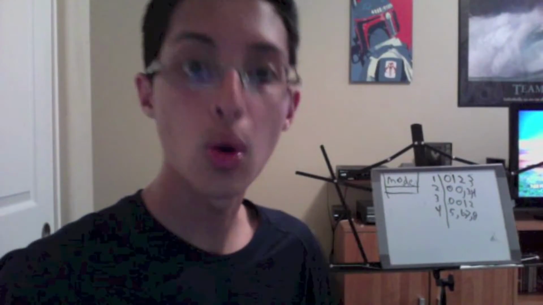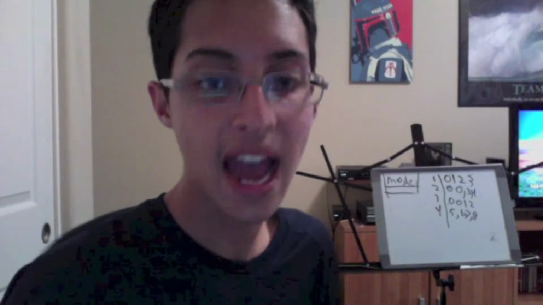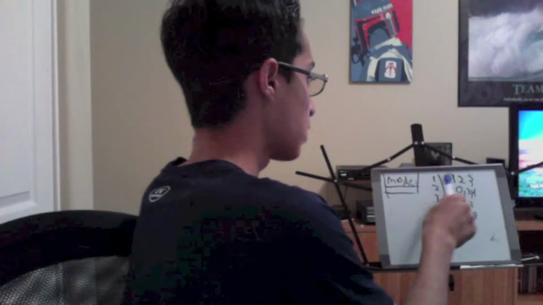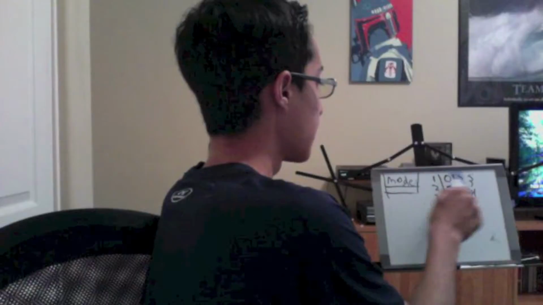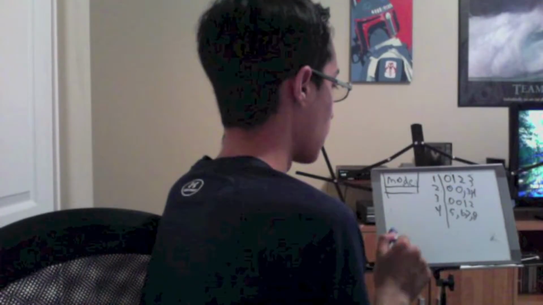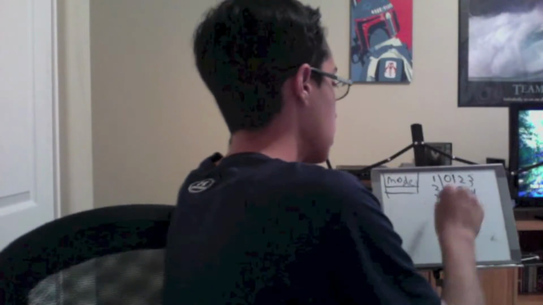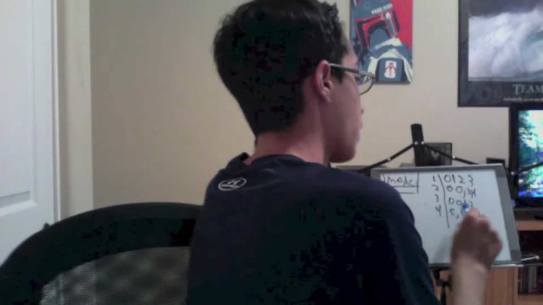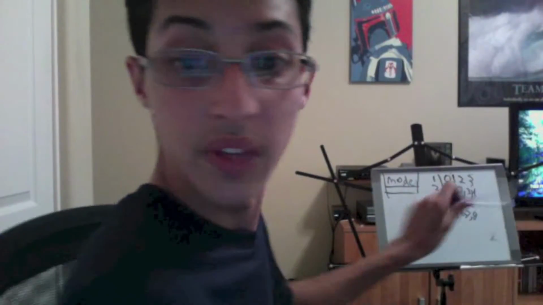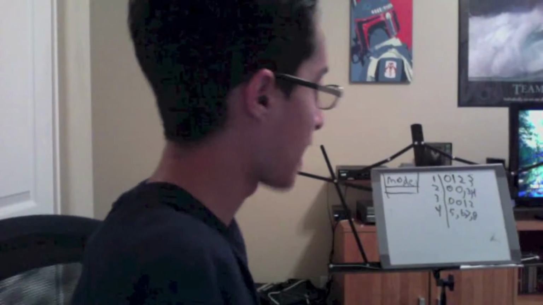Now, bear in mind, with the stem and leaf plot, you always have to have it in numerical order. So in this case, it'd be 10, 11, 12, 13, and then it goes 20, 20, 23, 24, 30, 30, 31, 32, then 45, 46, 47, 48. It's always going to be like that.